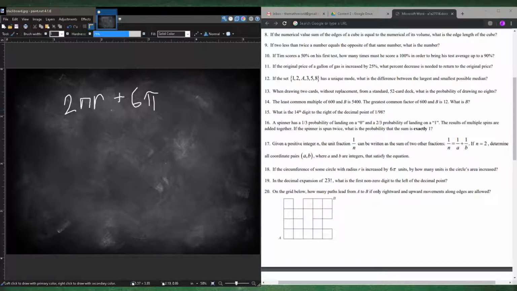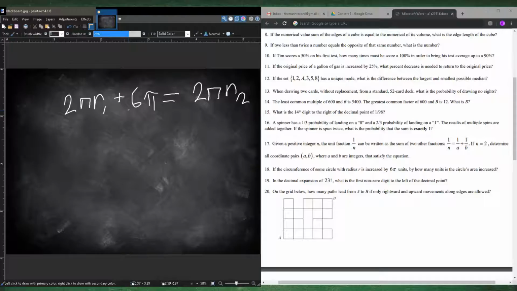But so that's the original radius, radius 1. So now we have to find a new radius. So now we have 2 pi radius subscript 2. So that's the new radius. So basically, we're going to see what's the relation between the original and the new one.